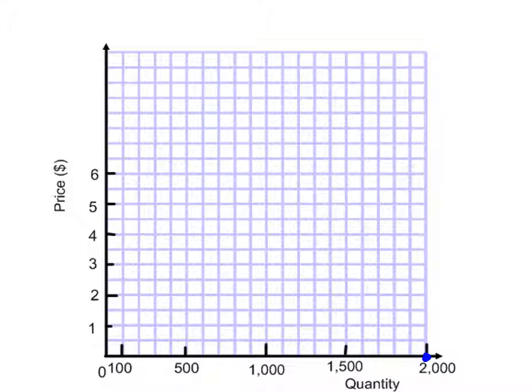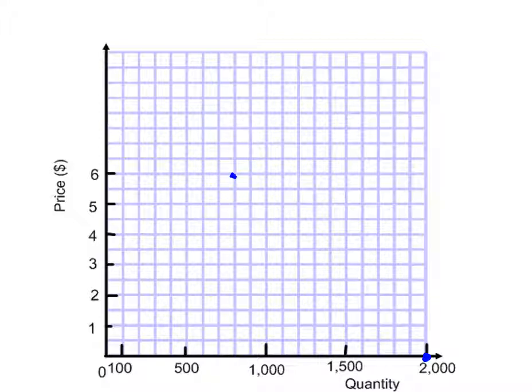And then we know another point, we want to take it significantly far away so that we'll have a greater sense of accuracy. We know that at $6, we're going to have a quantity demanded at 800. So we'll go over 5, 6, 7, 8, and go up to 6, and put down a spot.